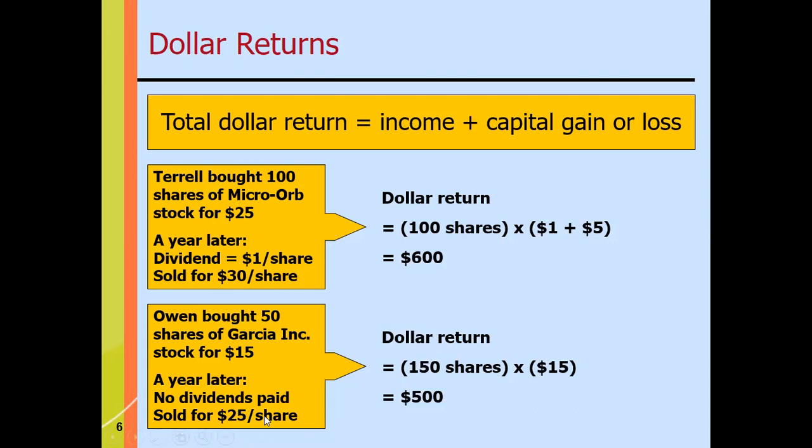So 25 and 15, and that is 10, correct? So 50 shares times $10 equals $500. All right, so please take note of that. Again, 50 shares times $10 per share, which is just a capital gain, no dividend here in the second example.